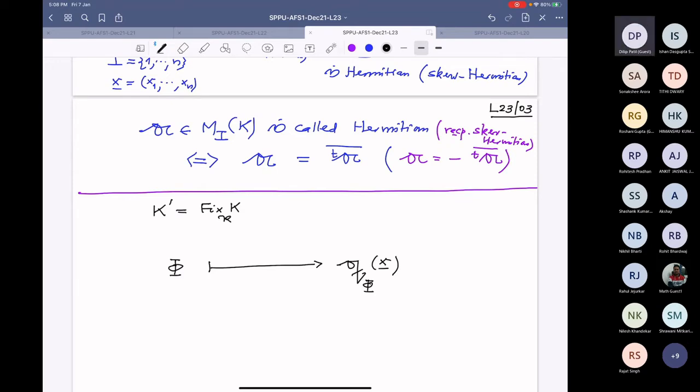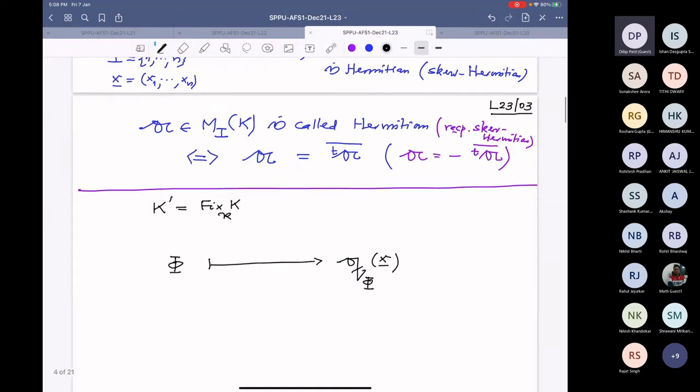And these are the matrices. They also form a vector space. So this will be an isomorphism from the K prime vector space. So let me write it. I don't want to create more notation, otherwise it will be complicated. So if you look at all Hermitian forms on V, all of them, that is a vector space over that fixed field.